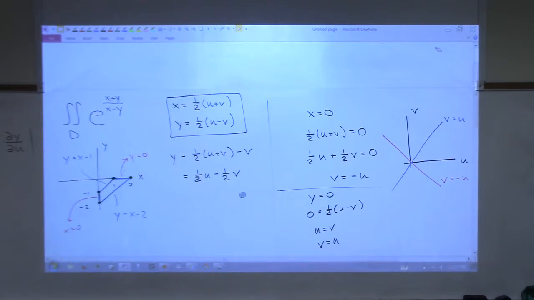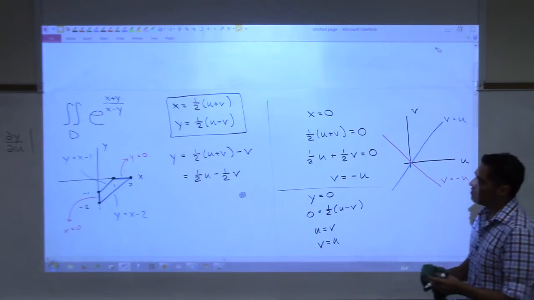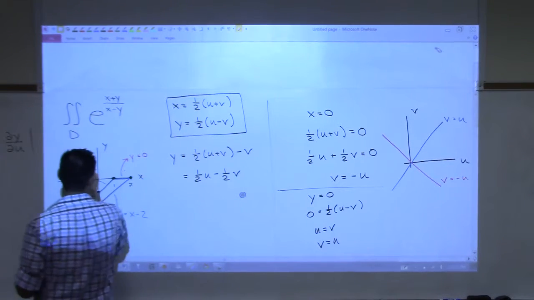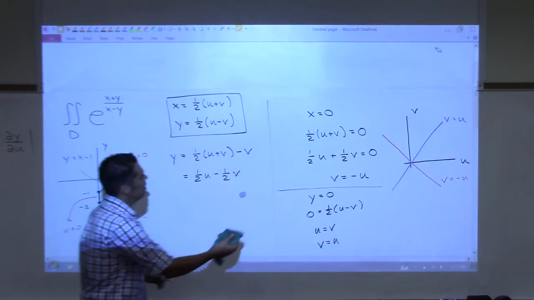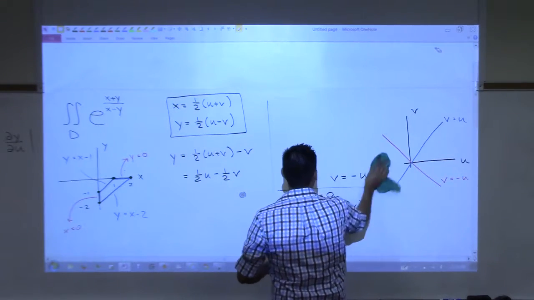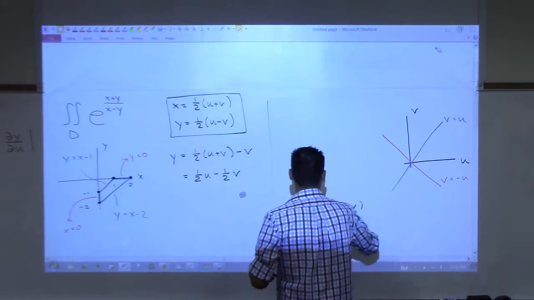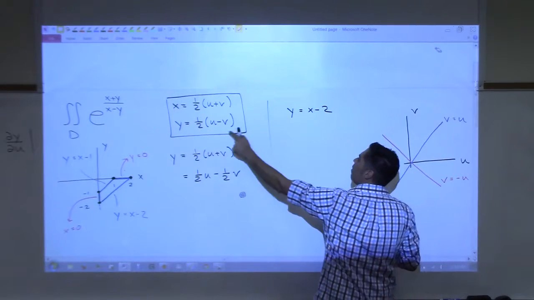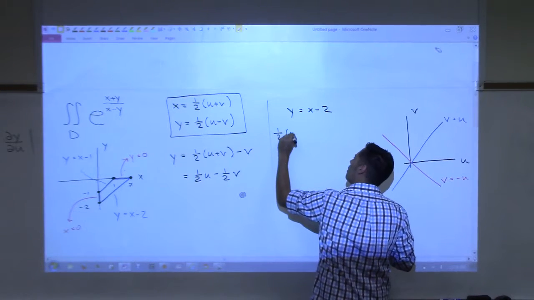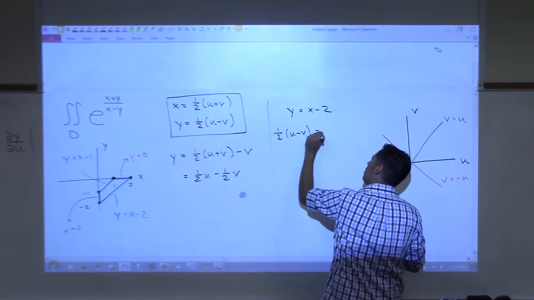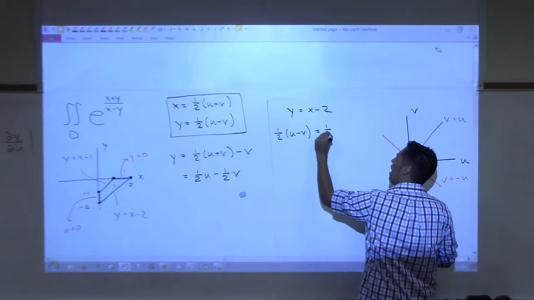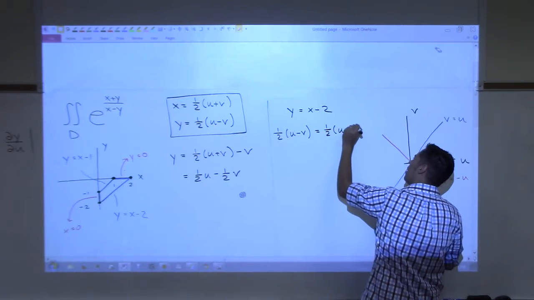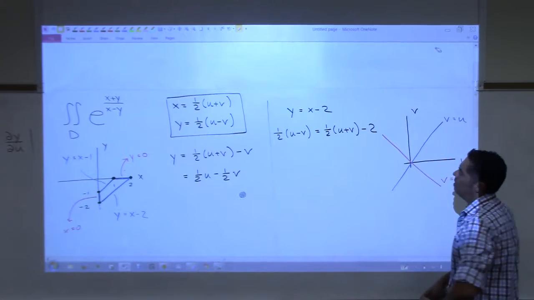I'm hoping for some better results here. What's next? You want to do y equals x minus 1 or x minus 2? I heard x minus 2. We'll do that one. If I write down y equals x minus 2 up here, then I write down what y is, 1/2 u minus v equals x, which is 1/2 u plus v, but then minus 2. I'm going to clear fractions.